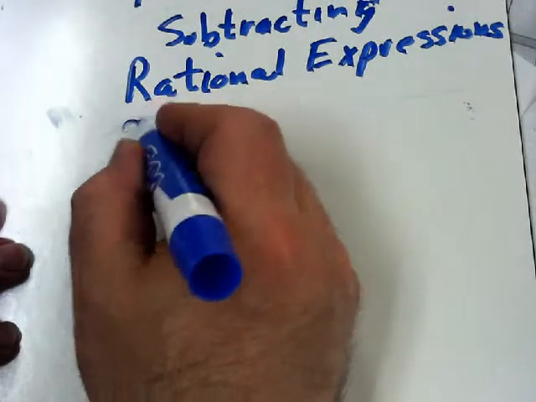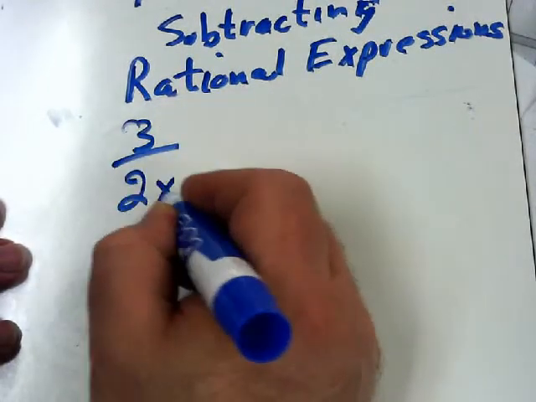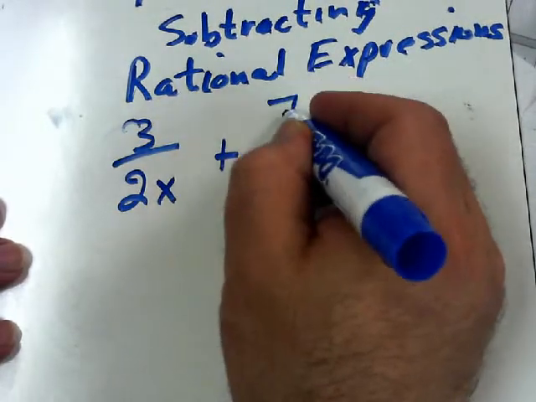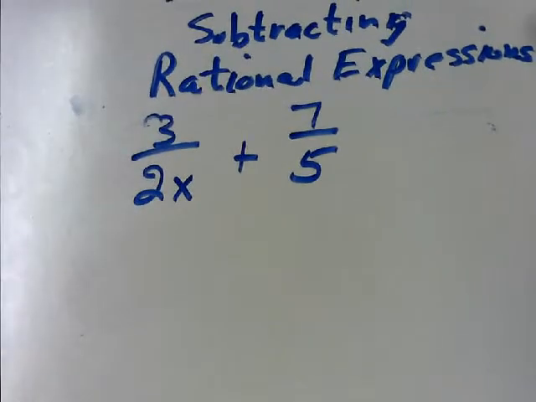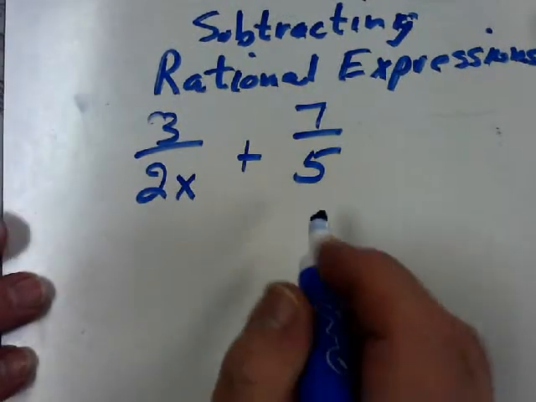We're going to take a simple problem. Let's take 3 over 2x plus 7 over 5. Oh, I got an x, don't I? It won't change anything. It will not change the process. It may change the looks. I have to find a common denominator.